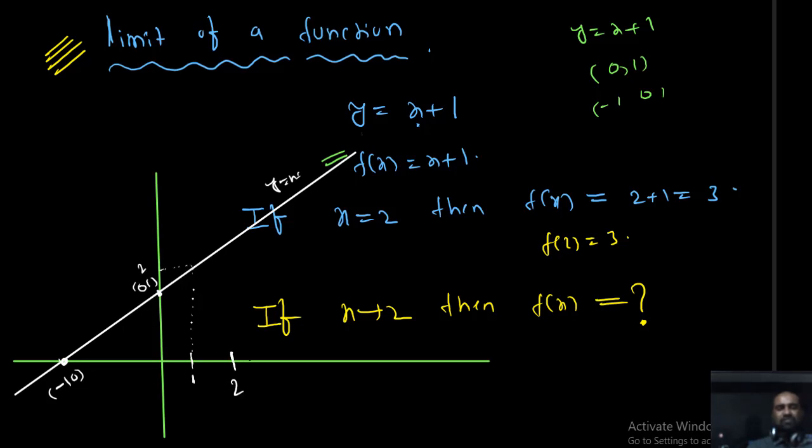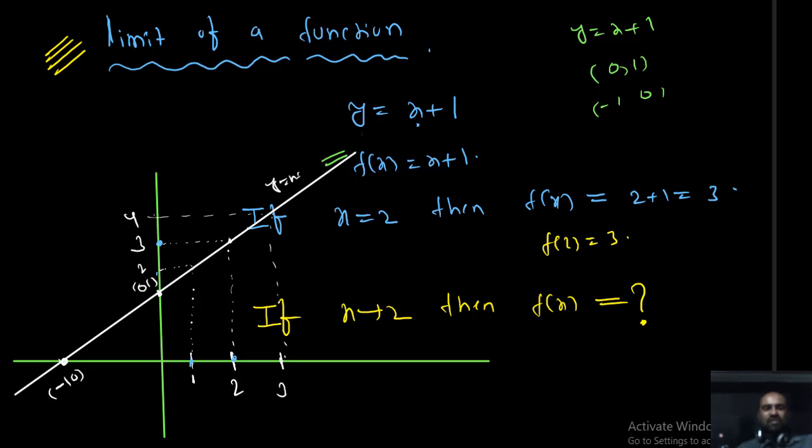For x equal to 2, we need to find the corresponding y. This is 3. For x equal to 3, the corresponding y is 4. Students listen, if the value of x is equal to 2, the value of the function is 3. The value of x equal to 1, the value of the function is 2. The value of x equal to 3, the value of the function is 4.